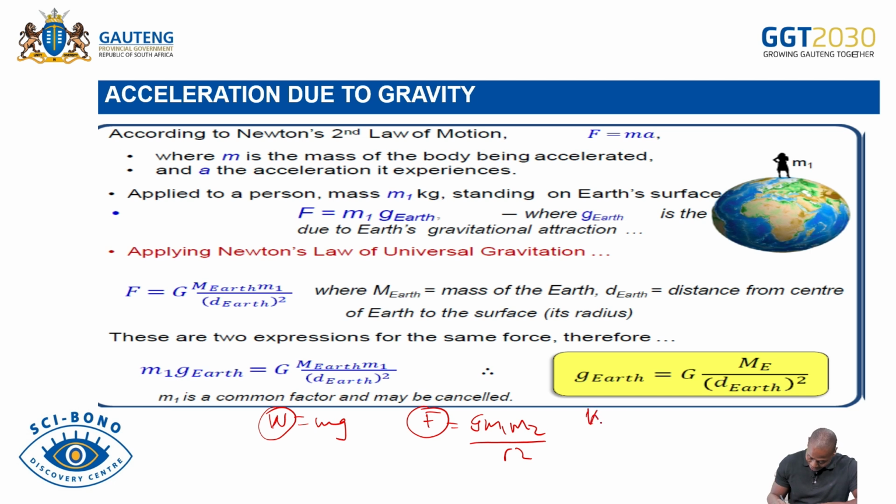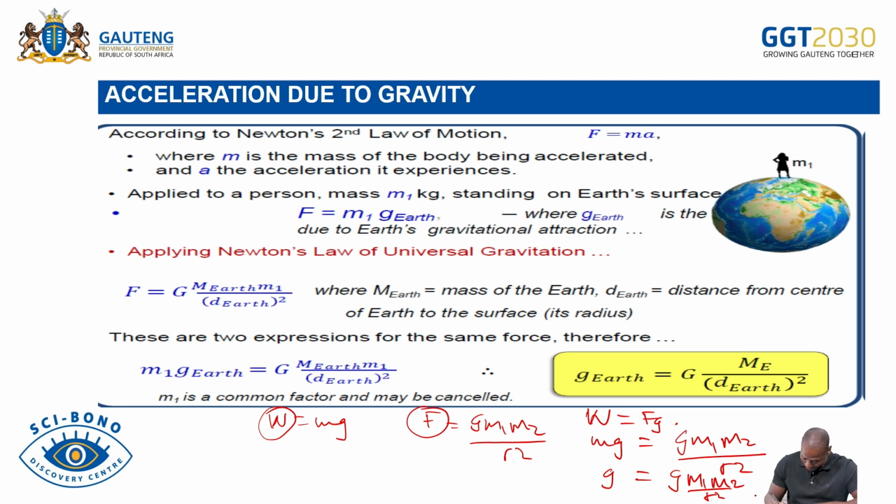So weight is gravitational force. Weight is mg, and then this one is G m1 m2 over r squared. mg equals G m1 m2 over r squared. I'm dividing by m.